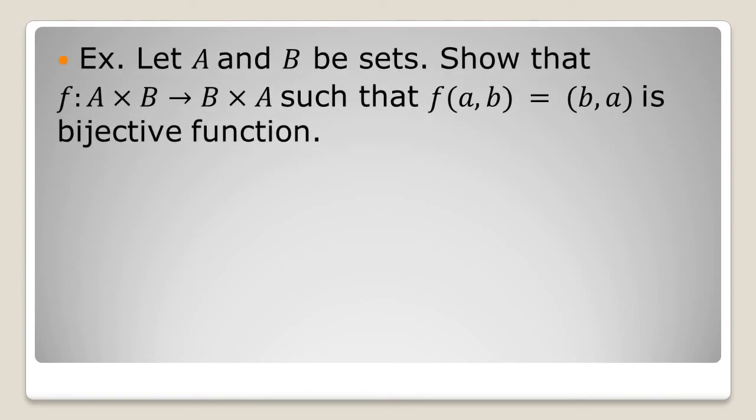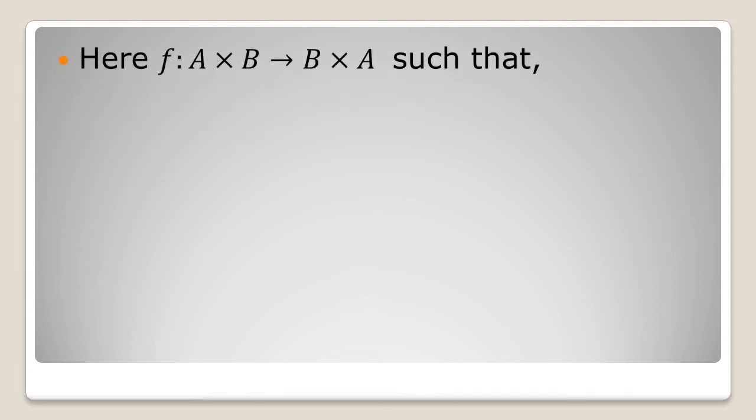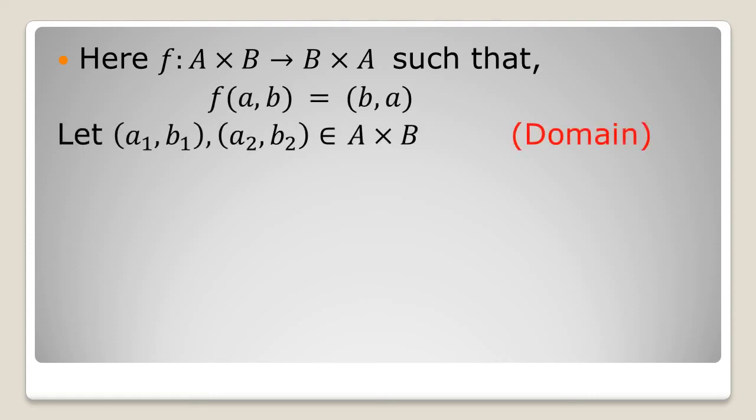Let a and b be two sets. Now define a function f from the Cartesian product a cross b to b cross a such that f of (a, b) equals (b, a). We need to show that it is a bijective function. For that, given the function in this way, we have to consider two elements.